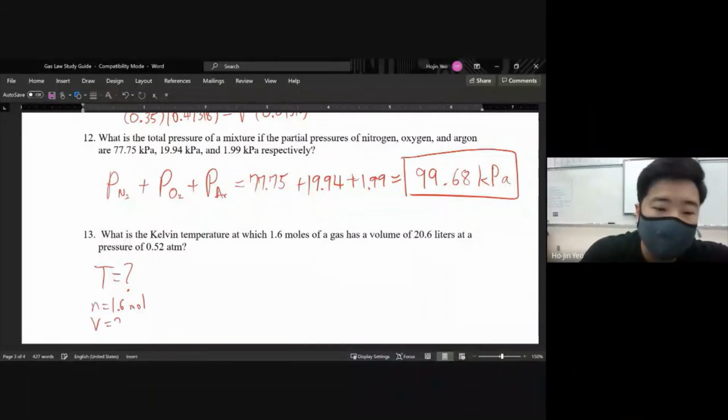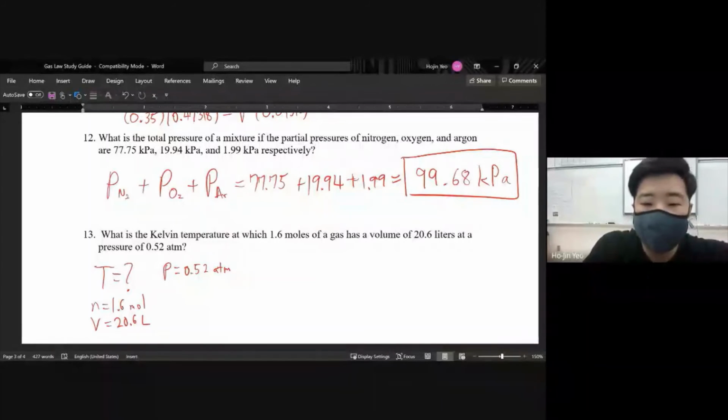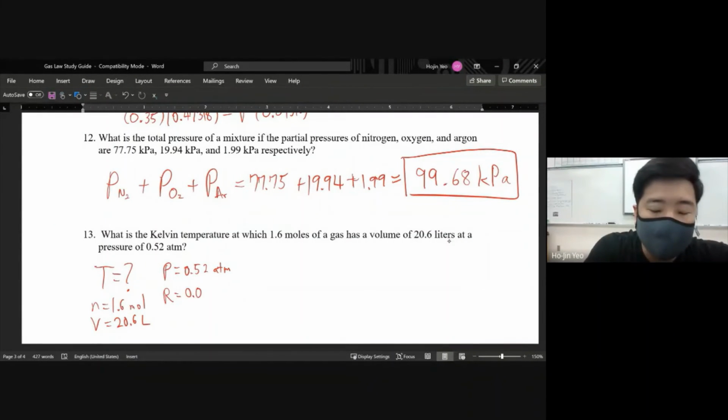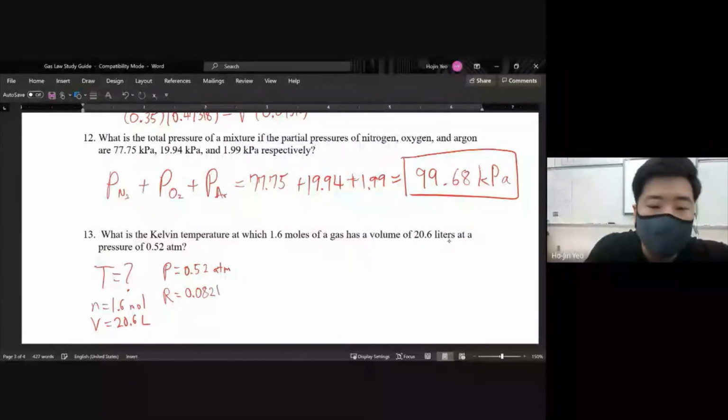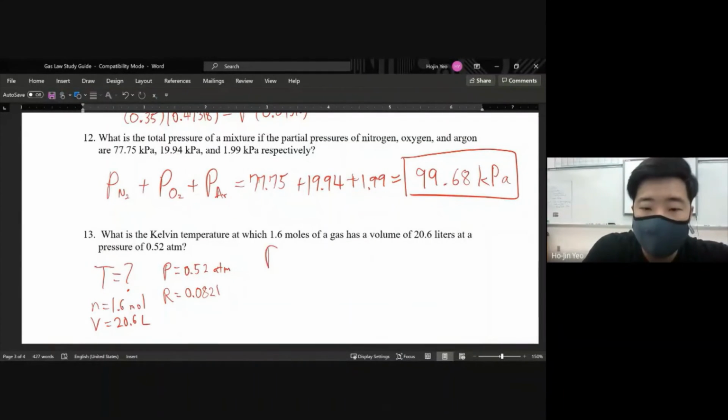The volume is 20.6 liters, and our pressure is 0.52 atm. Now, we have every information, so also the constant number, since we're using atm, is going to be 0.0821. So remember PV equals nRT.